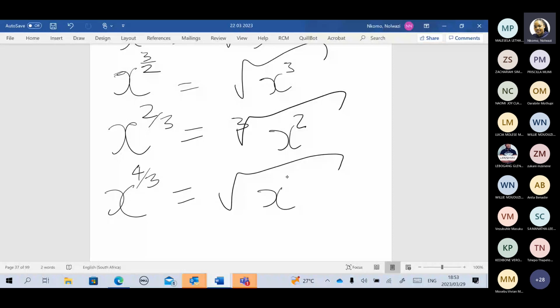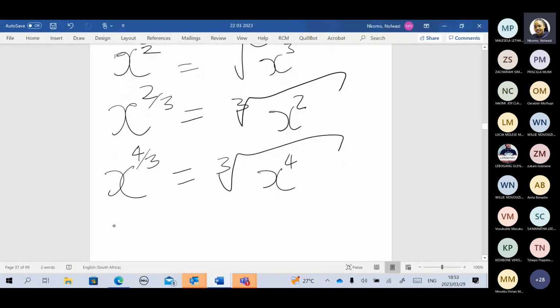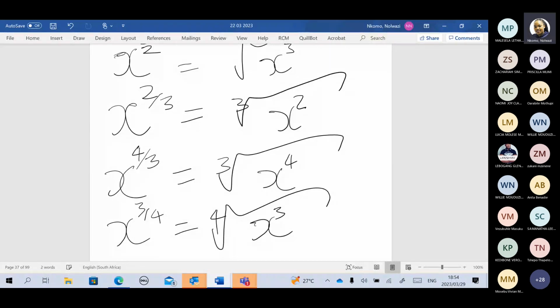And if this was 3/4, then this is the same thing as the fourth root of x cubed. You remember that this is what we did last time on our last class, I think Monday.